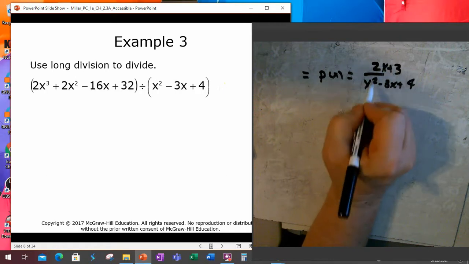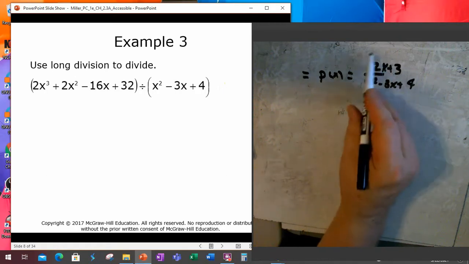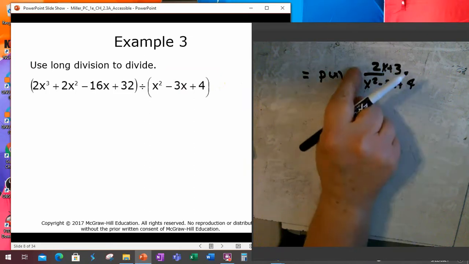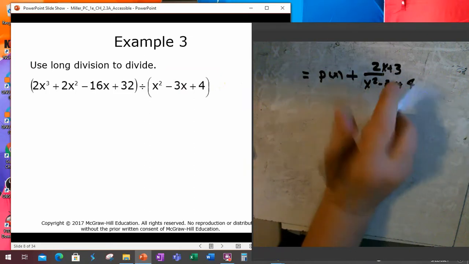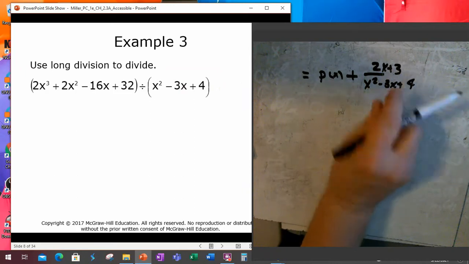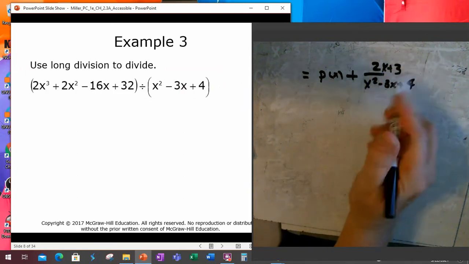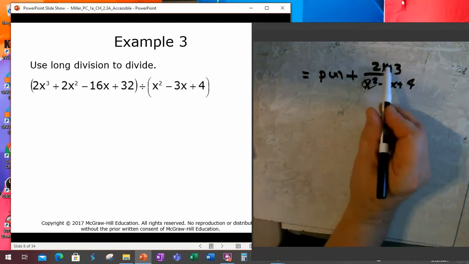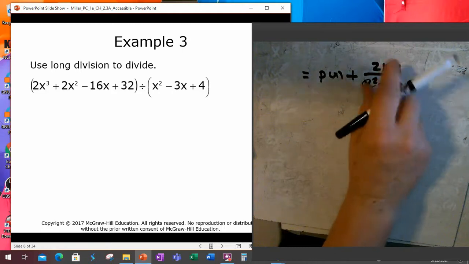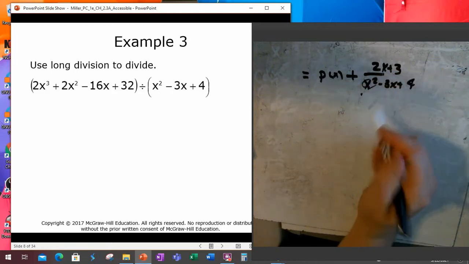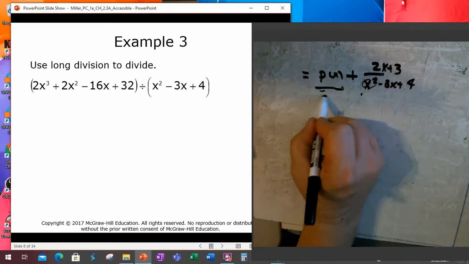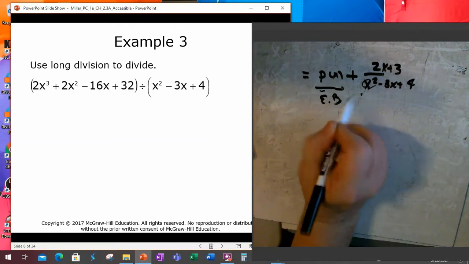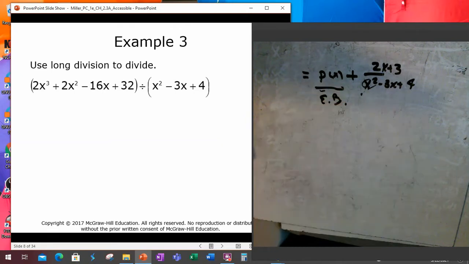I want this to be a lesser degree than the denominator, and what's going to happen is that as x gets large, this fraction is going to go smaller and smaller because I'm dividing by x squared into an x. So this is going to go to 0, and then we're just left with the polynomial for the end behavior. Okay? So there are other reasons for doing this division process.